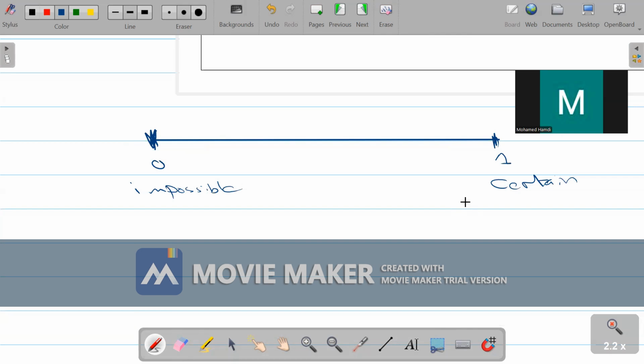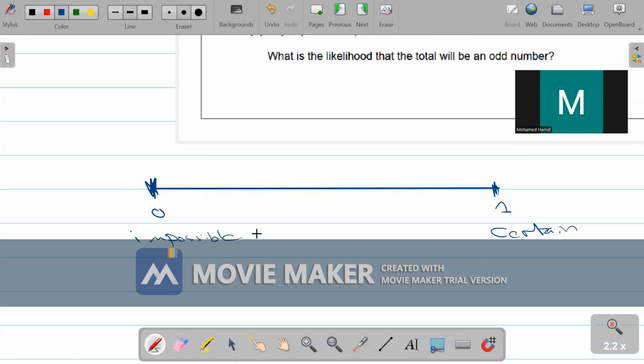Sometimes we call the probability likelihood. If the probability of an event is 0, it's an impossible event. And if the probability of an event is 1, it's a certain event. While if the probability of the event equals 1 half, this event is called even chance.